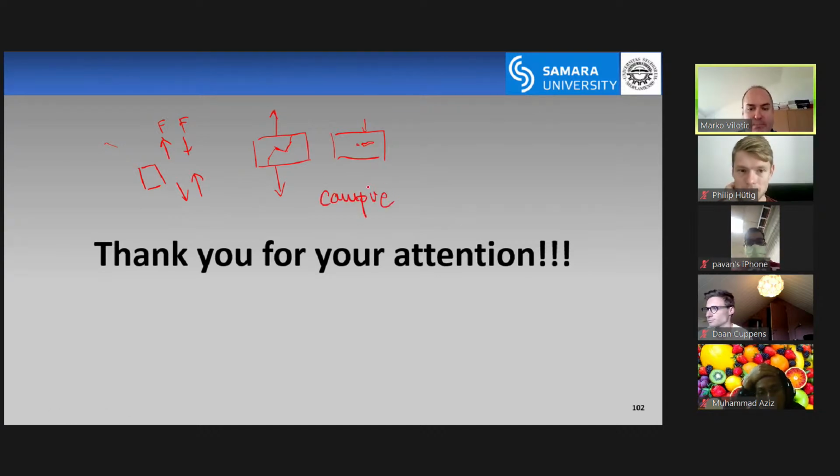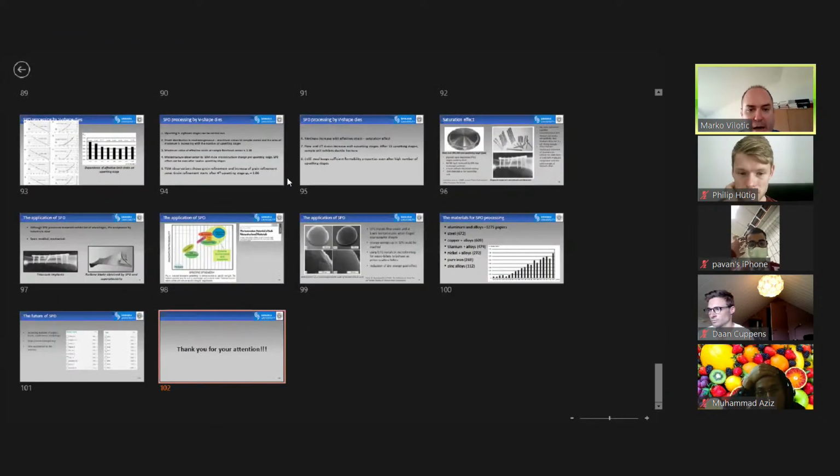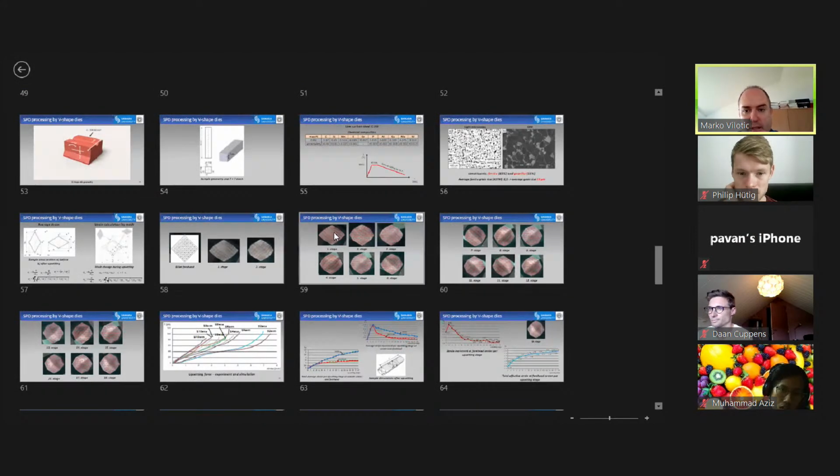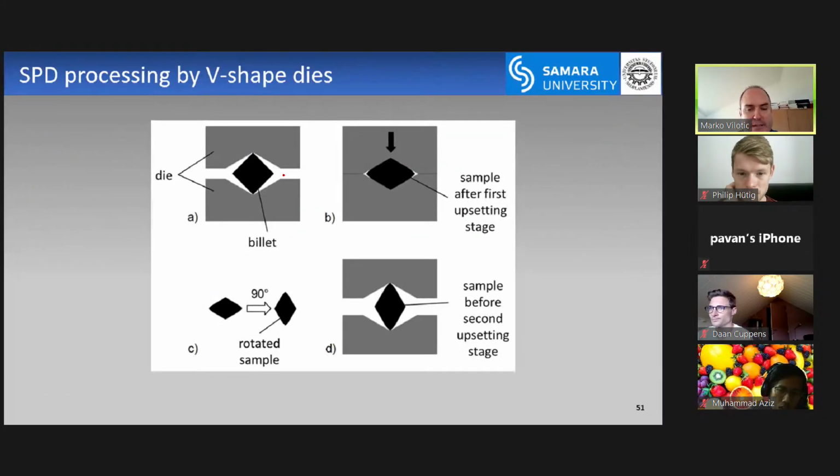Especially if you check my processing method here, you can see this is based on compression. That's why if you study metal forming, you know that high hydrostatic pressure conditions will yield higher strains.